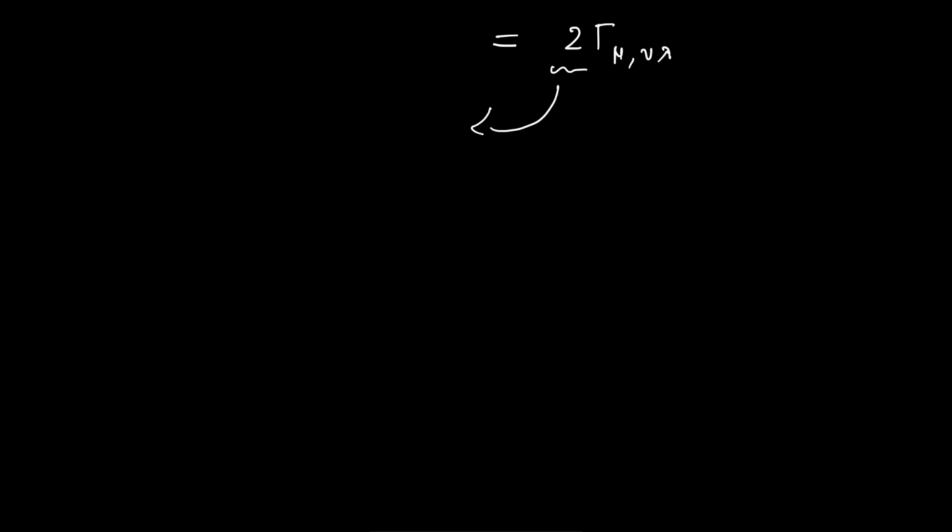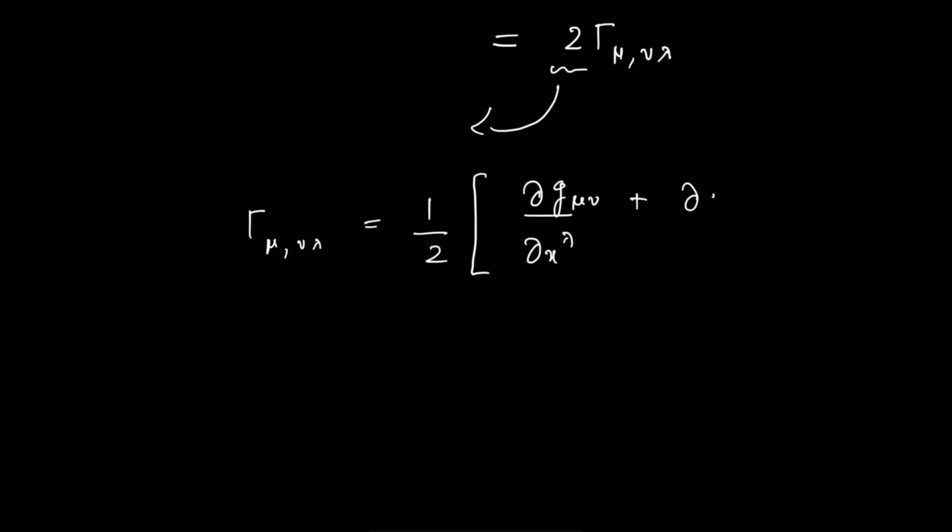So I'll write Christoffel symbol mu nu lambda is equal to 1 by 2 partial derivative with respect to x lambda of g mu nu plus partial derivative of g lambda mu with respect to x nu minus partial derivative of g nu lambda with respect to x mu.